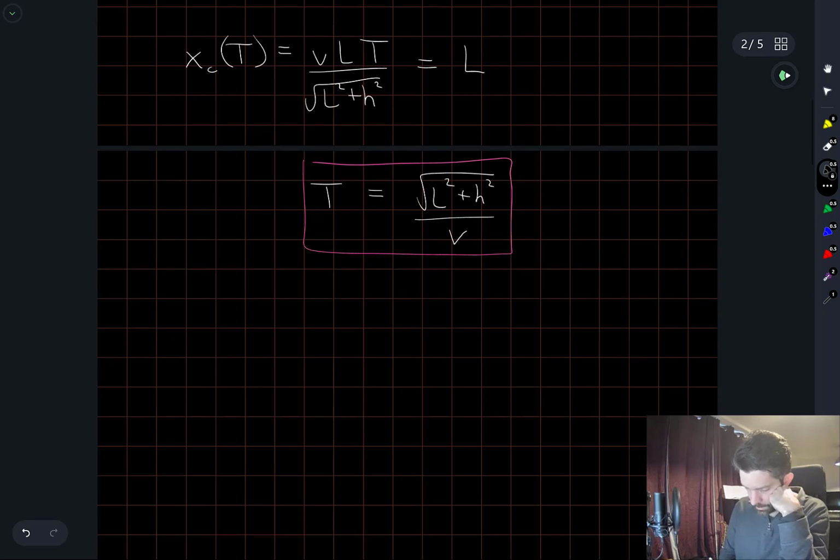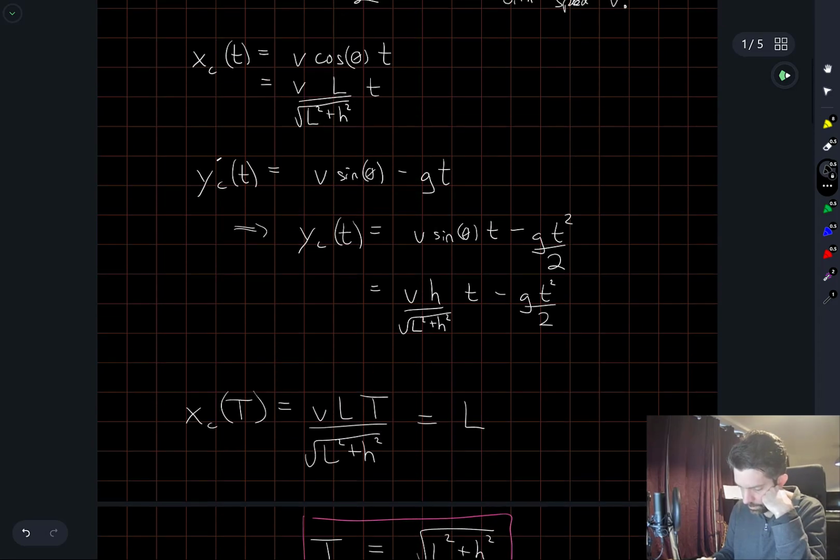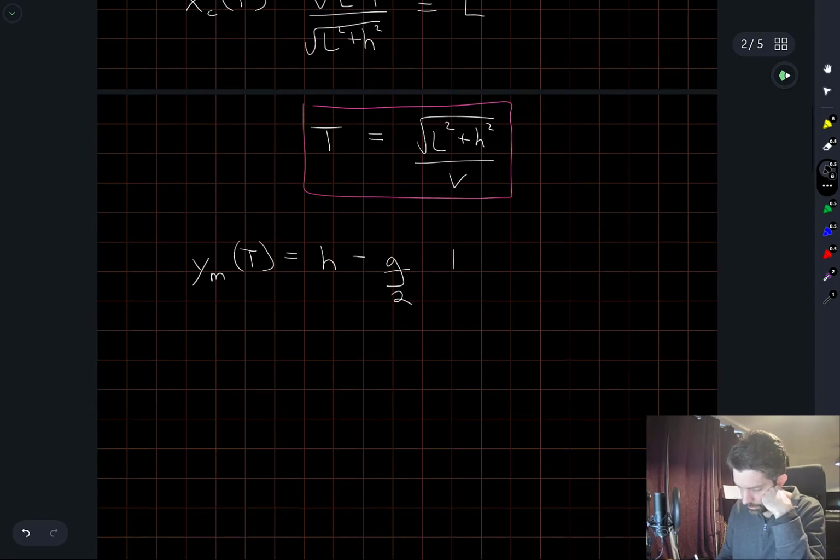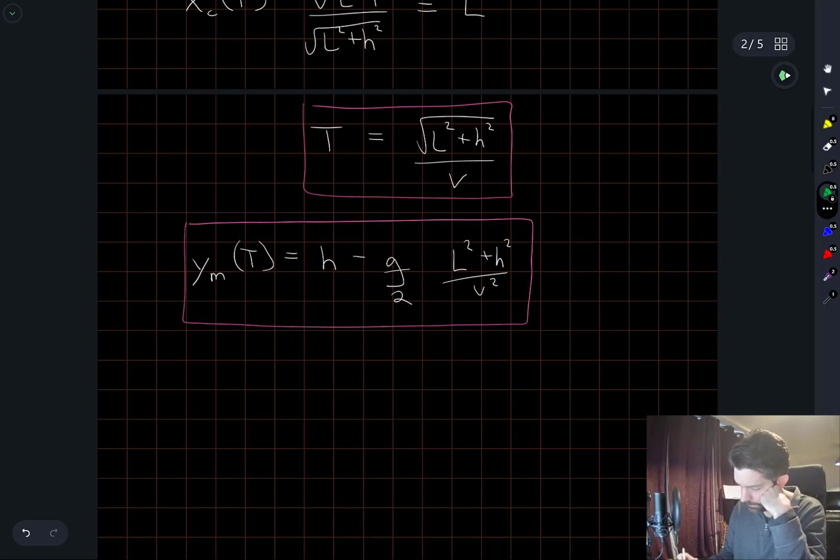And now the position of the monkey at time capital T is H minus G over 2 times capital T squared. Is that the right formula? Yep. So we've got L squared plus H squared over V squared. It's the position of the monkey at time capital T, the vertical position.